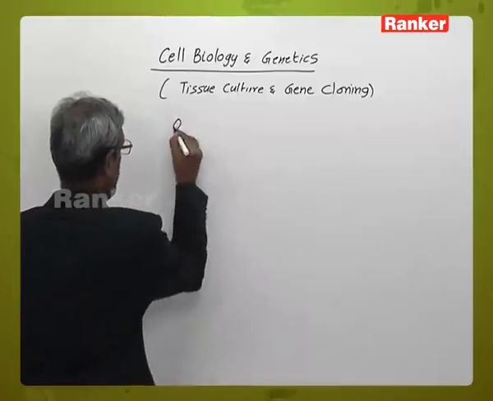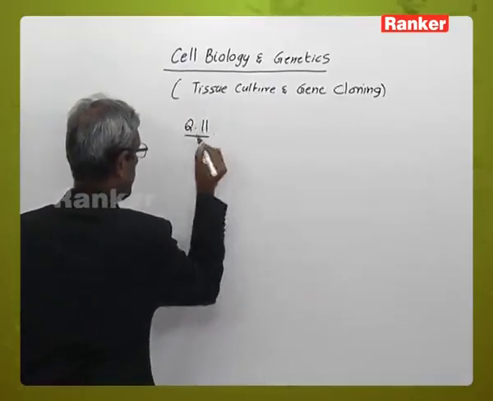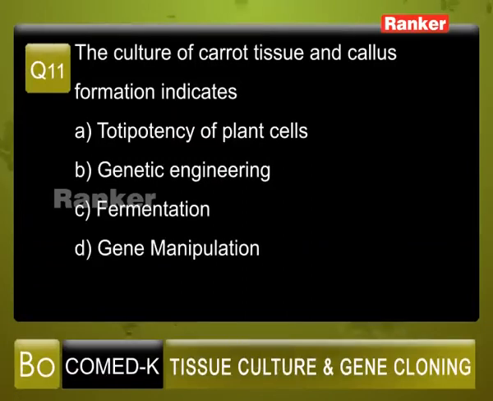Question number 11. The culture of carrot tissue and callus formation indicates A. Totipotency of plant cells, B. Genetic engineering, C. Fermentation, D. Gene manipulation.